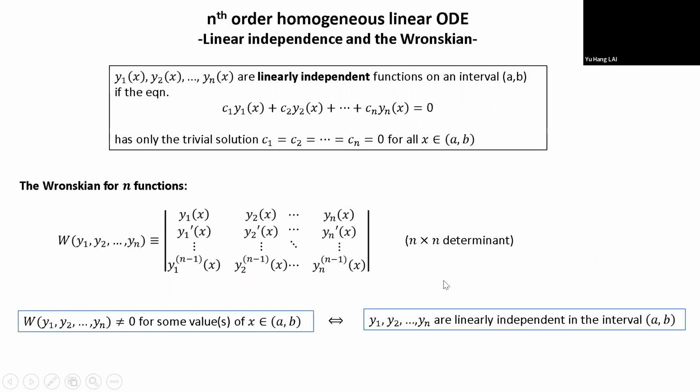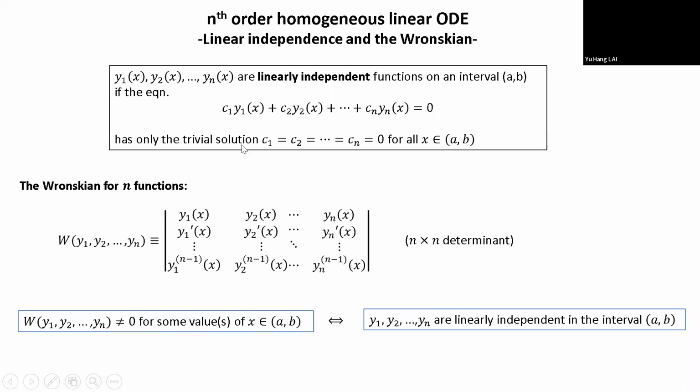If we say that there are n functions that are linearly independent over some interval, then we need to consider the linear combination of the n functions. If you find that all that added together is zero only happens if all these coefficients are zero, then you say that this set of functions is linearly independent.